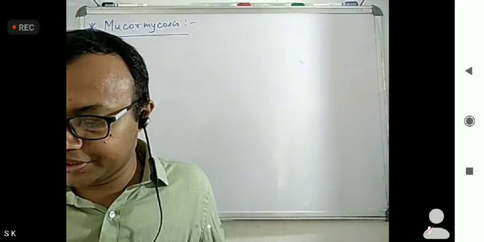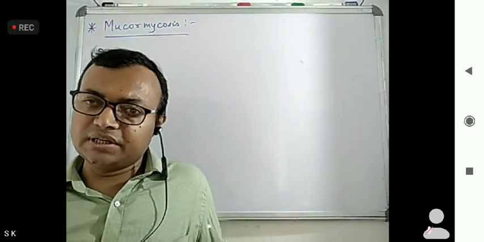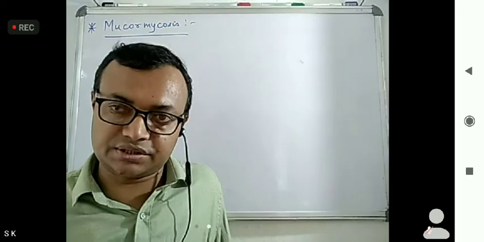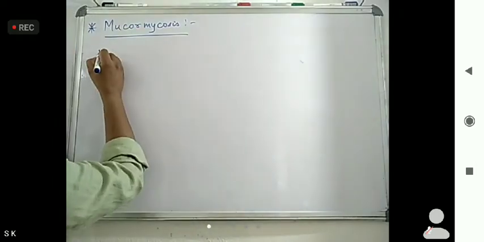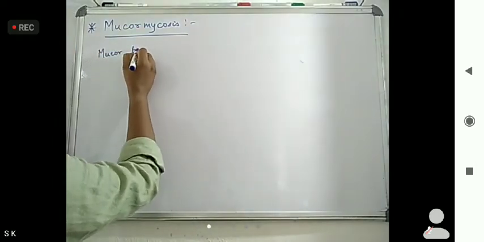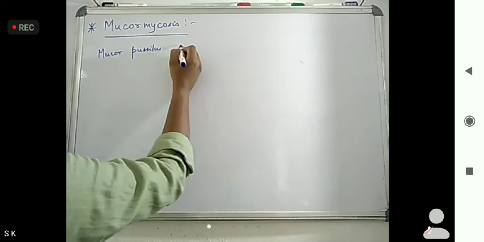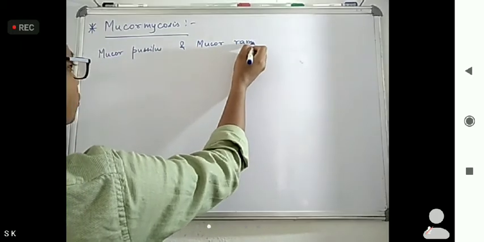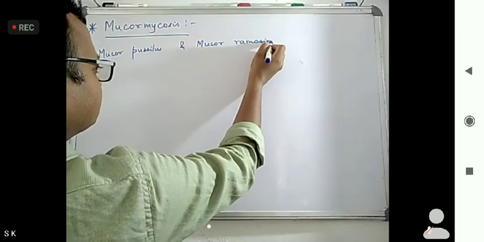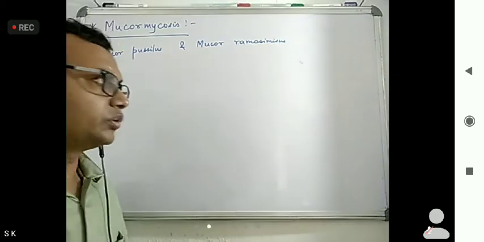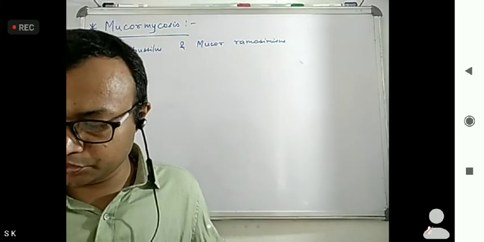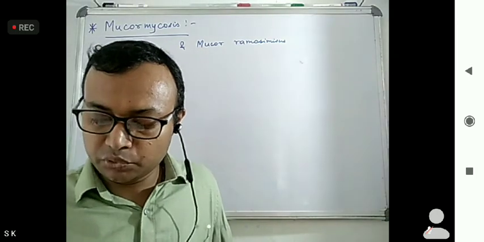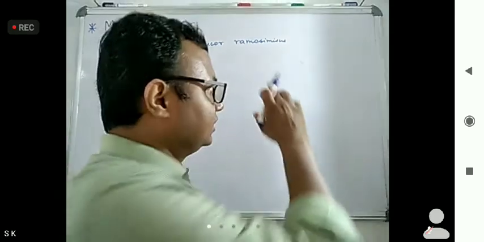Mucor. So what is happening here? The species are there like Mucor pusillus and Mucor ramosissimus. Okay, Mucor ramosissimus. Both are there.